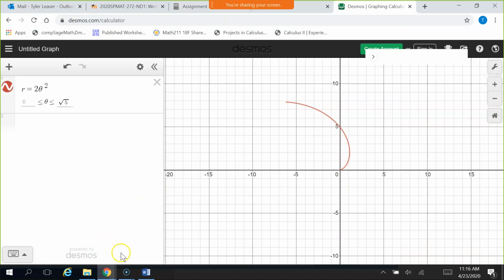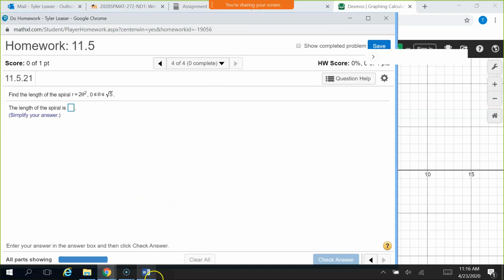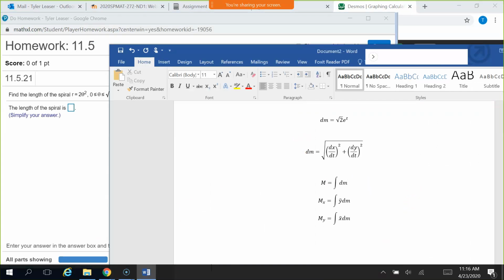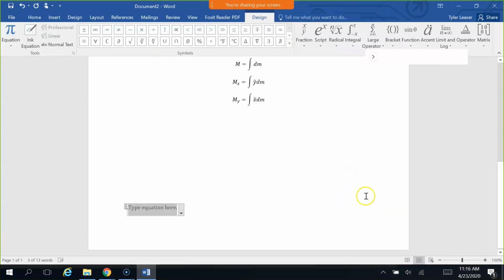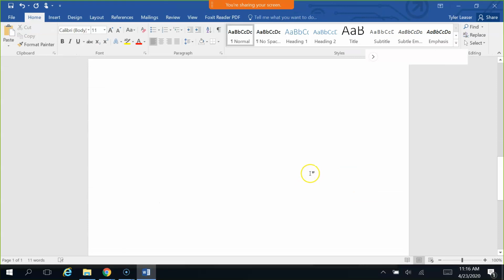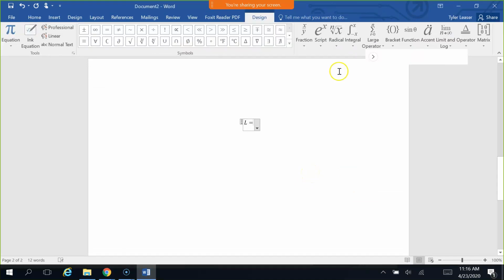Okay, so to find the length of something in polar coordinates, again, there's just a formula to it. And that formula is, trying to do it by memory, the integral of square root... I have no idea. Is it dr d theta squared plus 1?